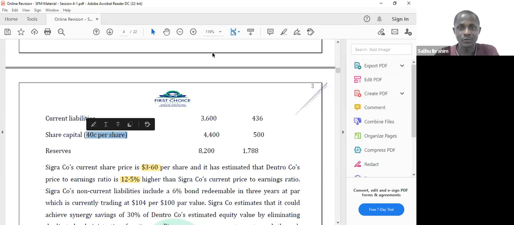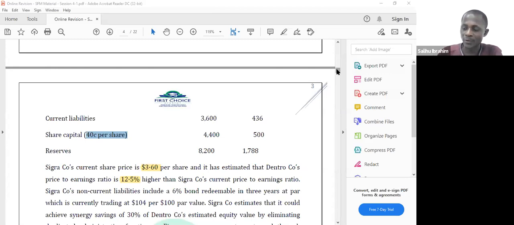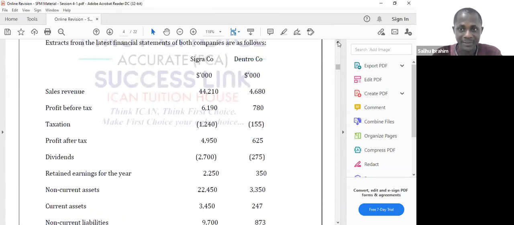So divide 625 by 1,250. We have 0.5. So market price per share is now 0.51 times 0.5, which will give us our market price.